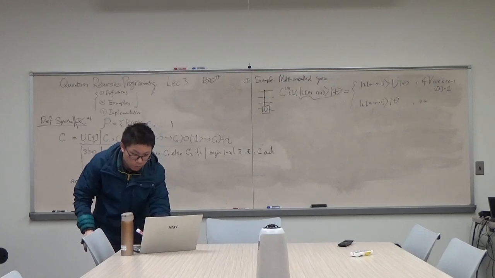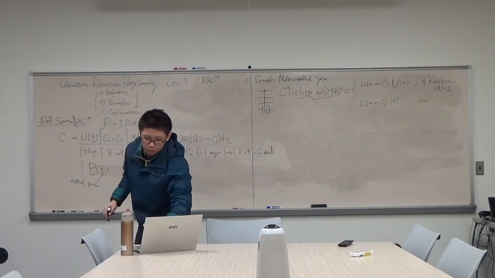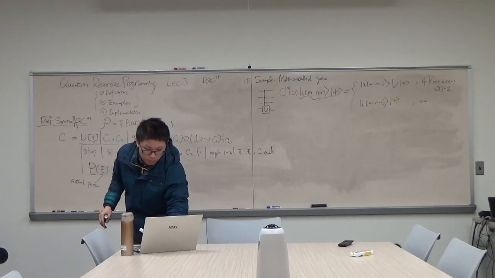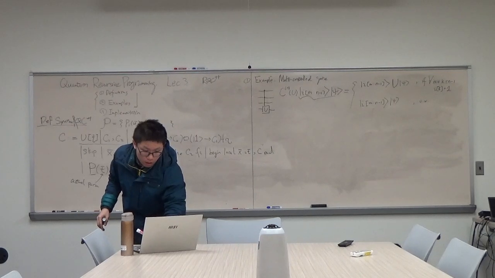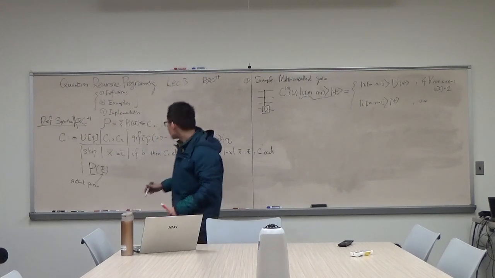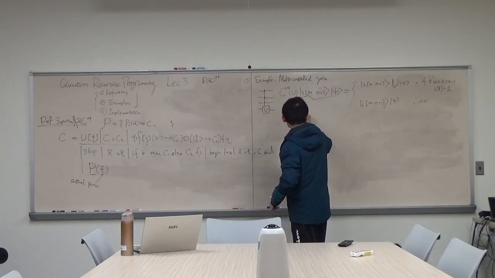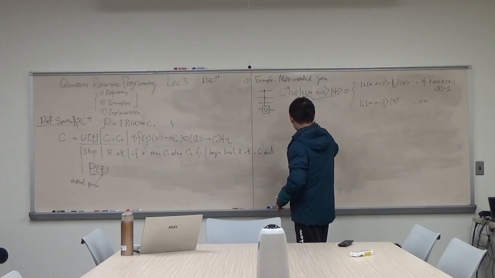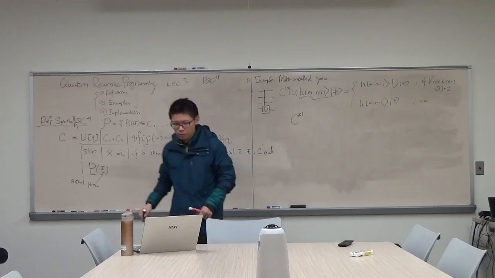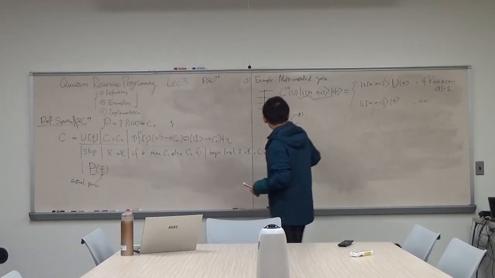And here we will see how we can use quantum recursion. Okay, so we write a program called C star U, where star represents that the number of controlling qubits can be any.